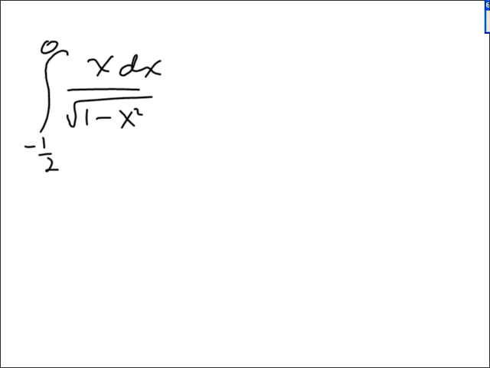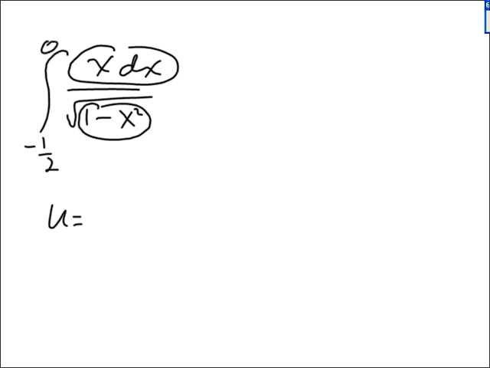Suppose you have the integral of x over the square root of 1 minus x squared dx, and suppose the limits are negative 1/2 to 0, which is probably better. Now, you can do trig substitution here. But I'm seeing the derivative of that, up to a constant.